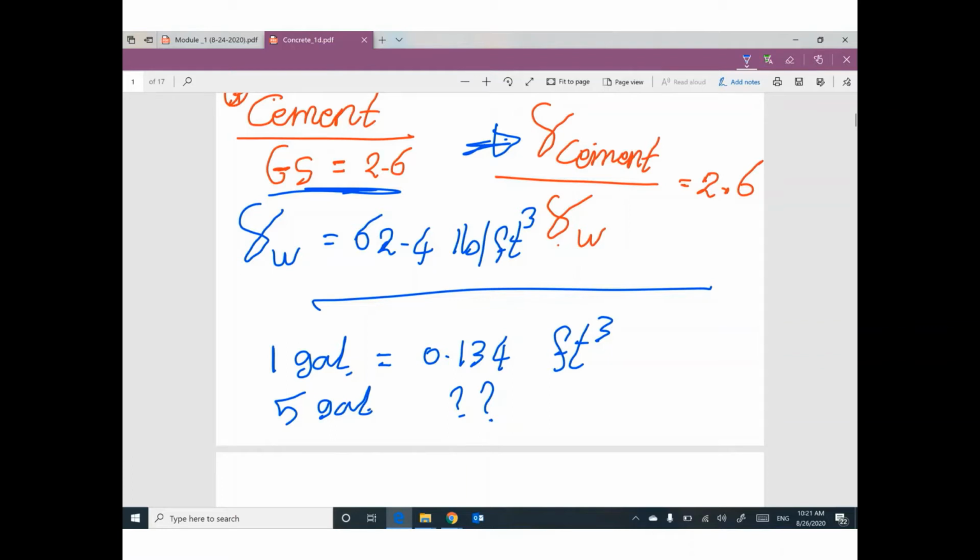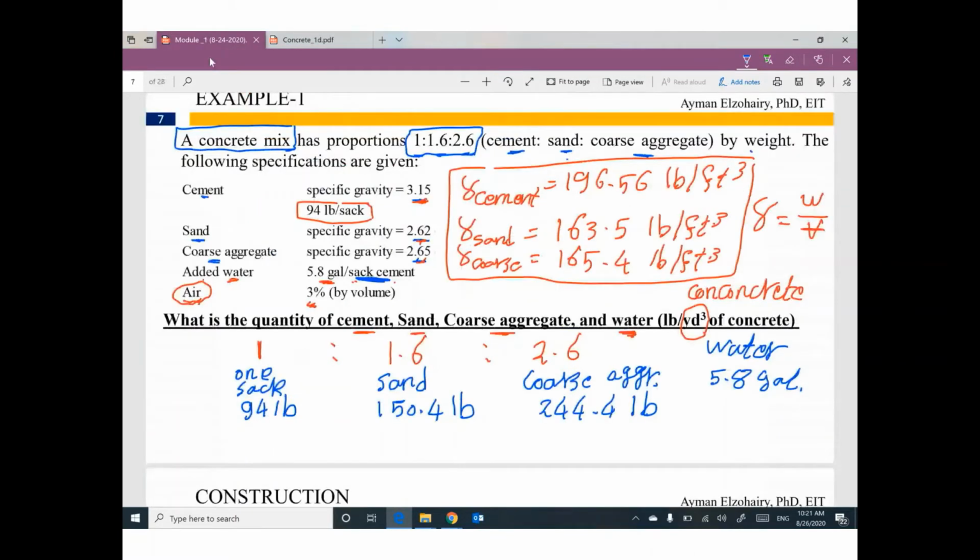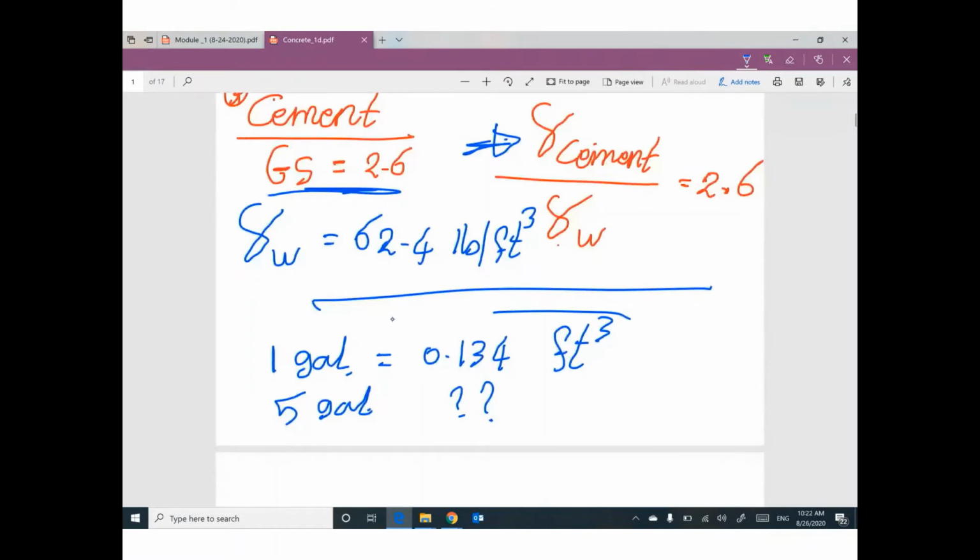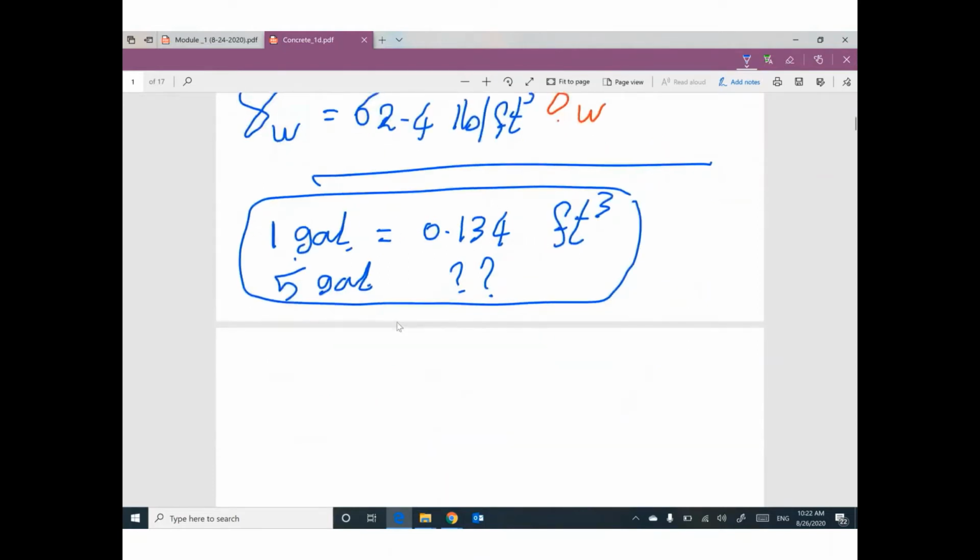It will be 5.8 times 0.134, so 0.78 cubic feet. The relationship between gallon and cubic feet, as I told you: 1 gallon equals 0.134 cubic feet. That's how to convert from gallon to cubic feet, because gallon is a volume.